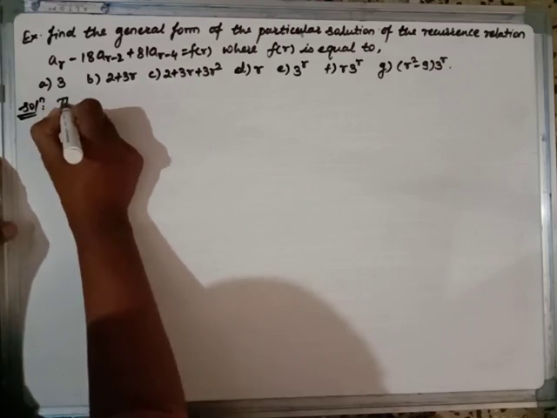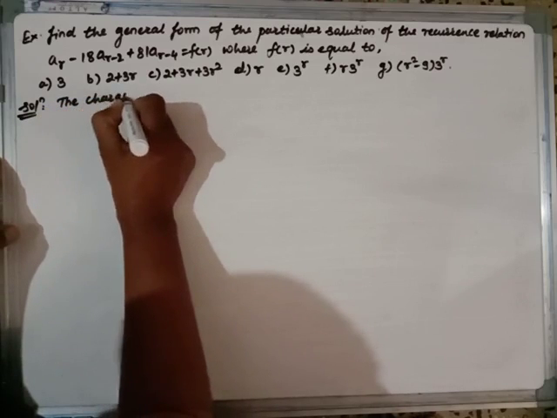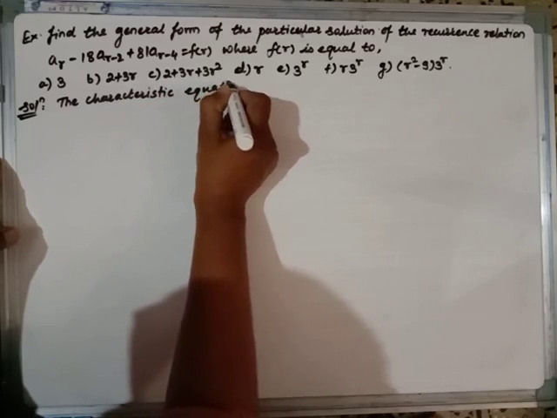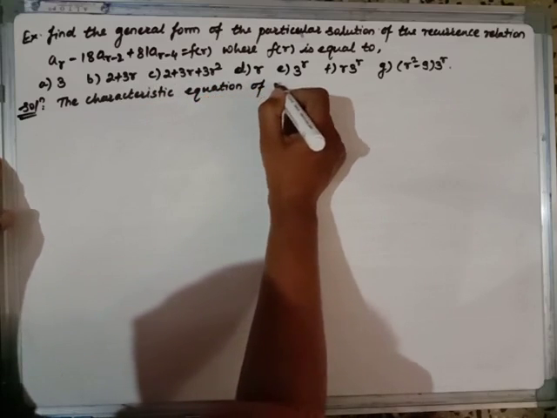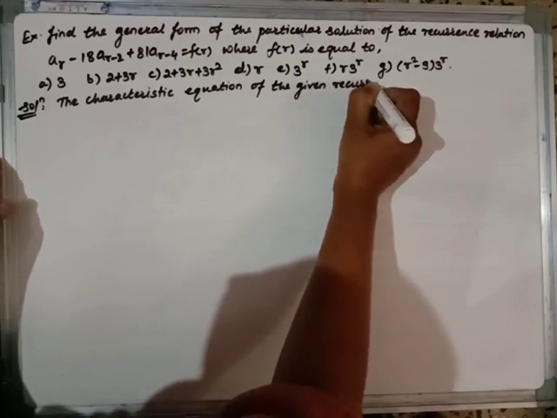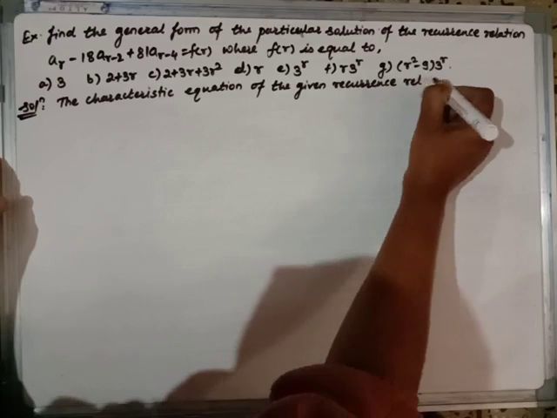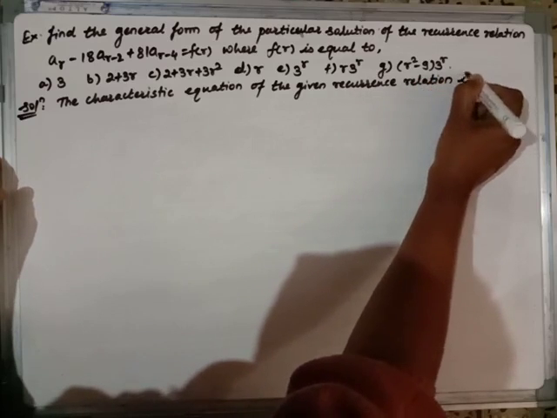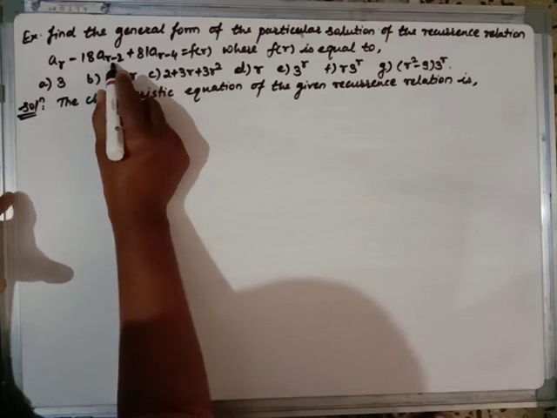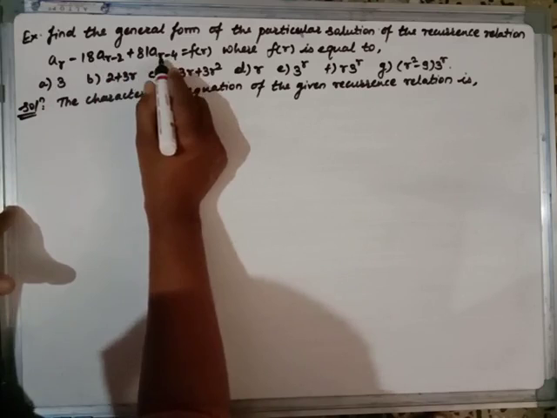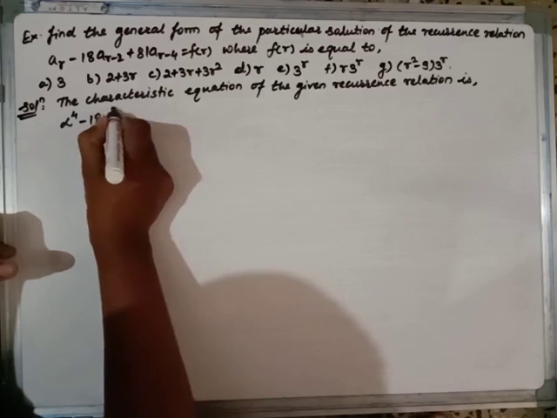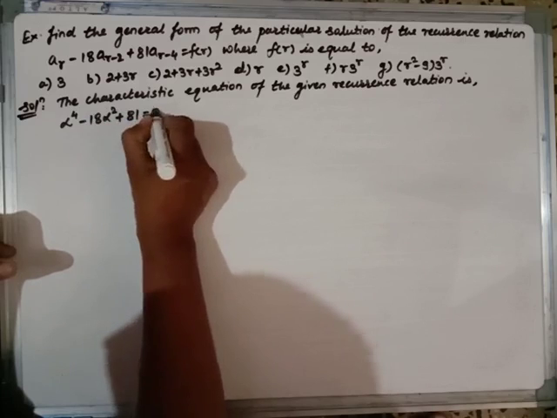So for that, the characteristic equation of the given recurrence relation: here k will be 4, so alpha raised to 4, minus 18 alpha square plus 81 equal to 0.